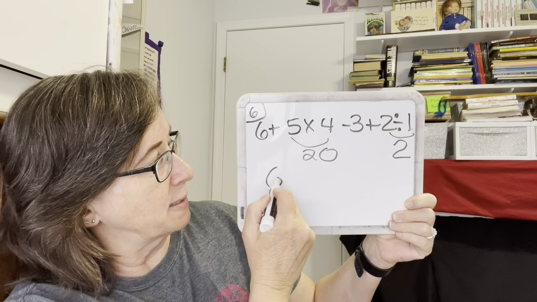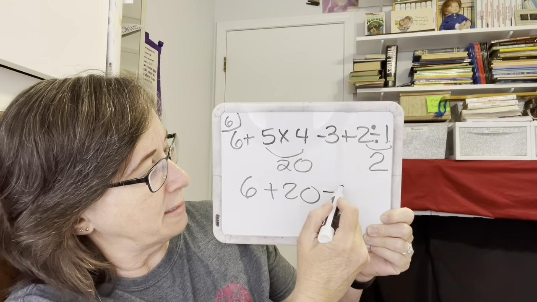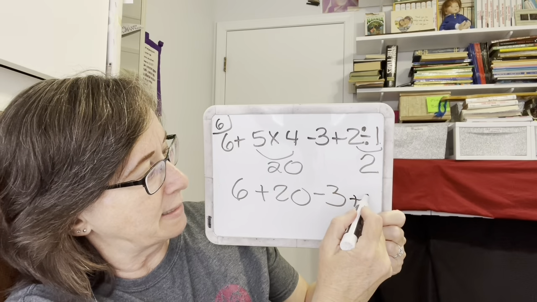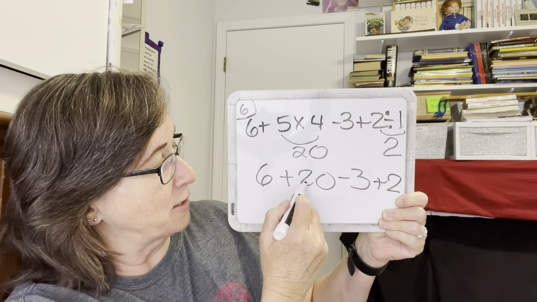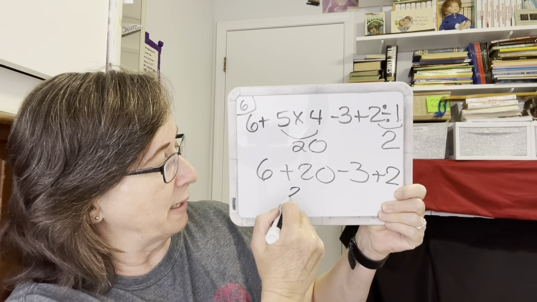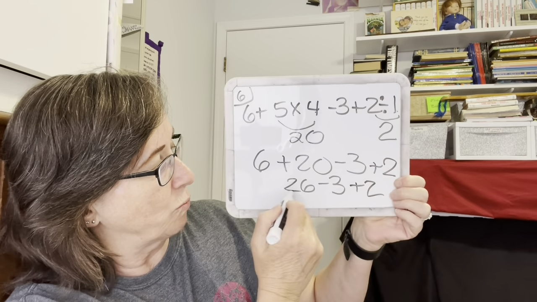Now let's write them. 6 plus 20 minus 3 plus 2. Now I'm going to go left to right. 6 plus 20 is 26. 26 minus 3 is 23.